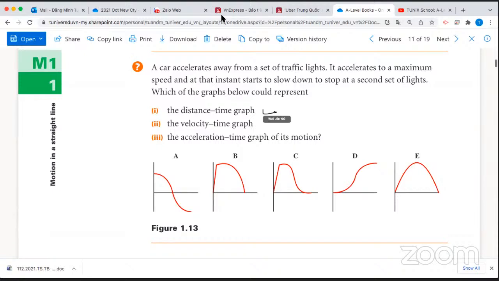E fits itself, and A suits the last one. That's a hard one. That's my response.